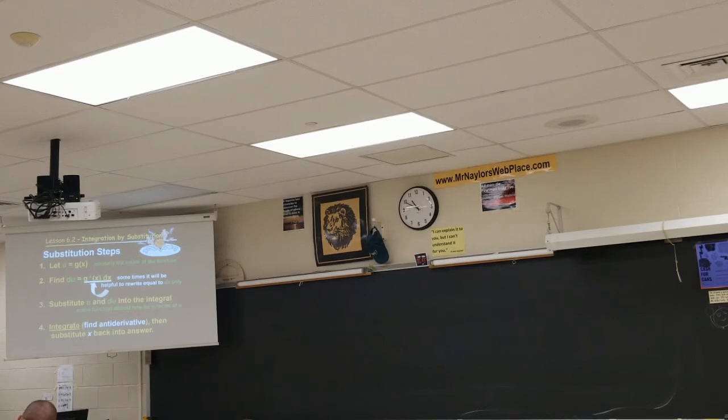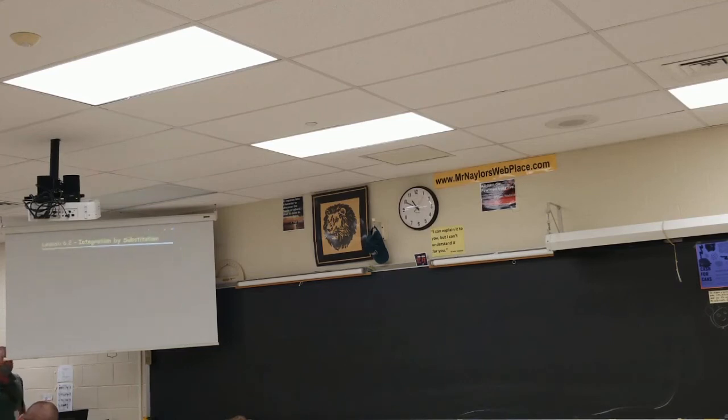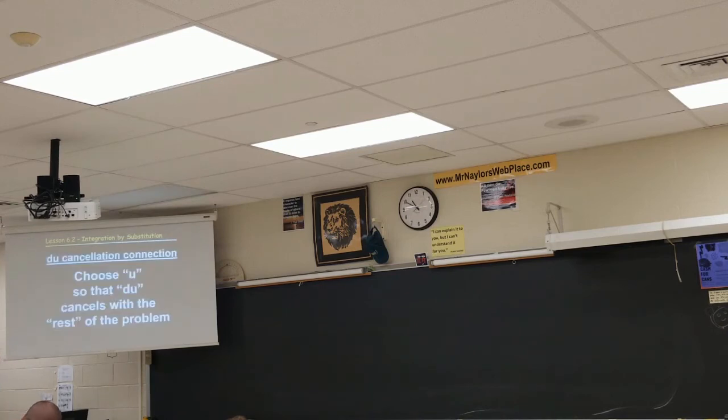So to assign u correctly is to think into the future. I always got confused about Back to the Future. We were going back to the future, but you have to think into the future, which is you have to think about the derivative. Now, I'm being serious about this. When you finally get this, you're going to realize that the whole idea about u is actually more about du.